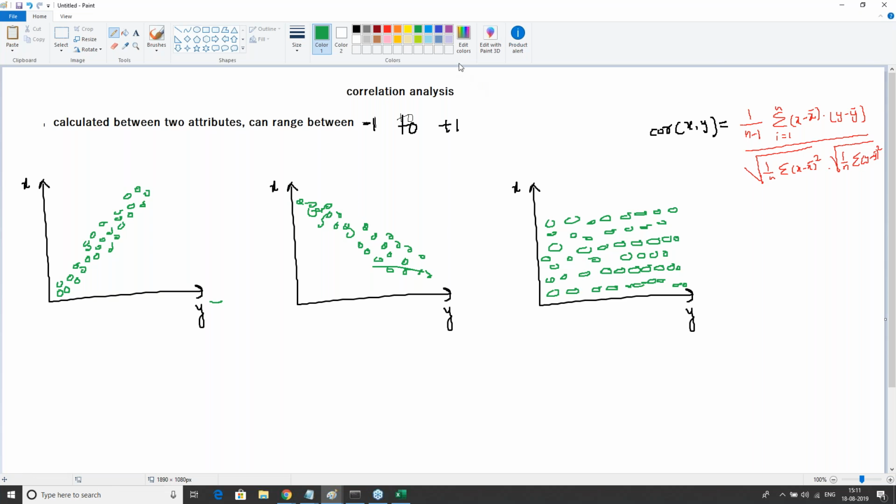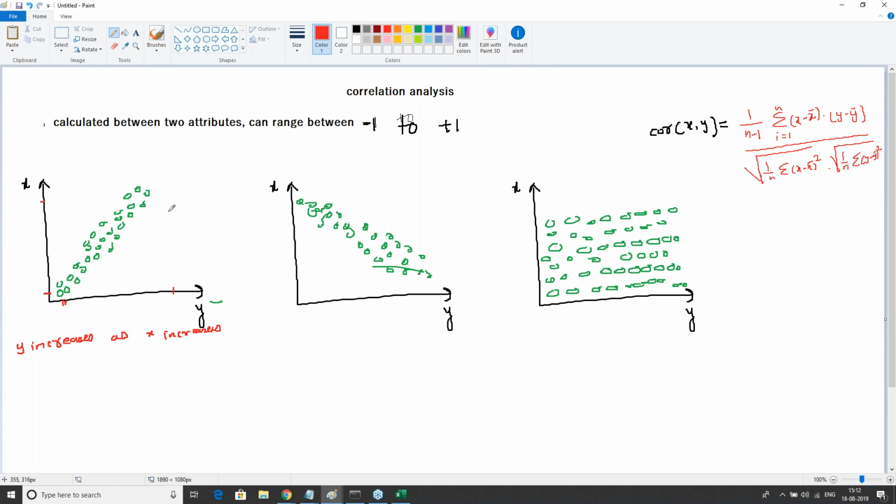In case one, can we say that for a lower value of x there's a lower value of y, and for a slightly higher value of x there's a slightly higher value of y? So can we say y increases as x increases? As x increases, y also increases, or if y increases, x also increases. So in this case, x is impacting y, or maybe y is impacting x, vice versa.